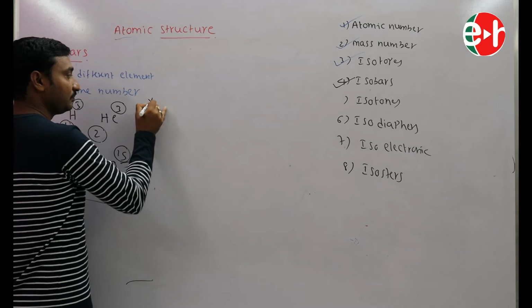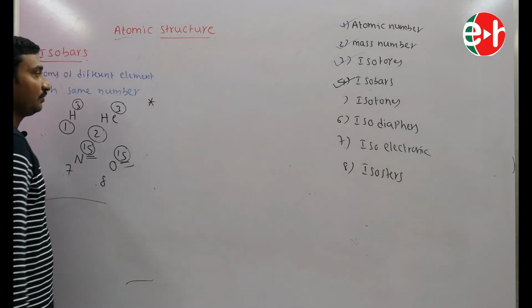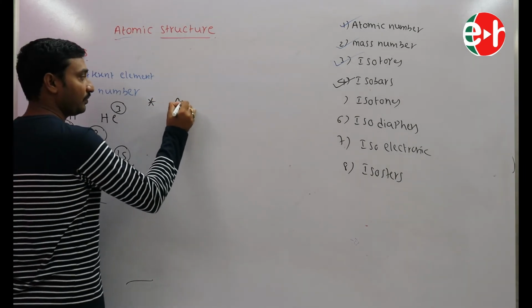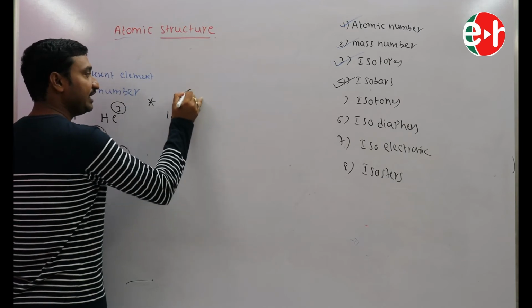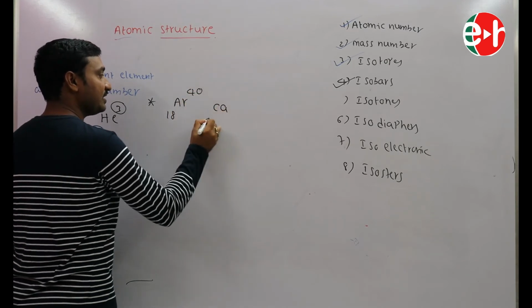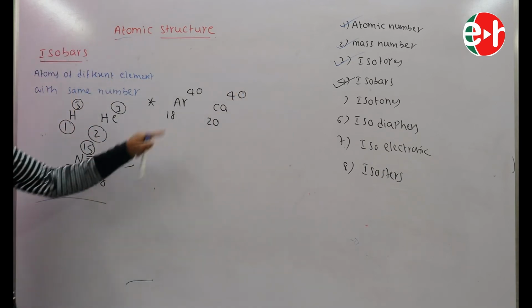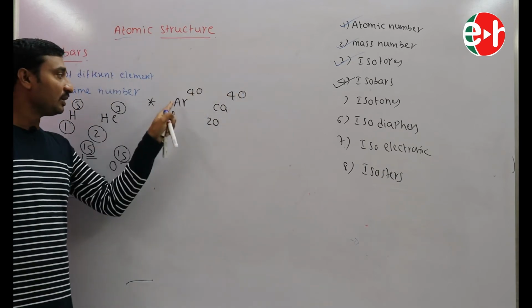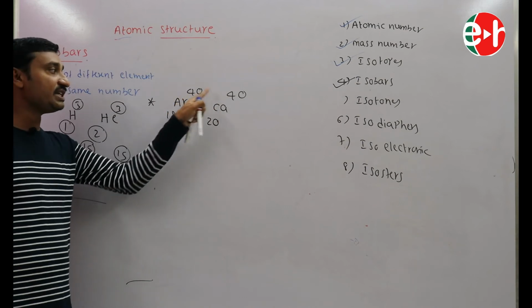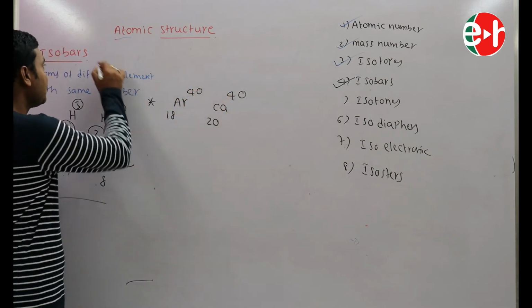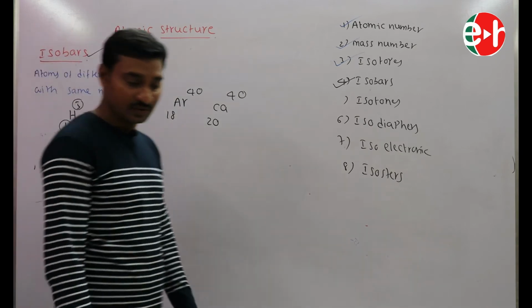Next one, argon 18 to 40, calcium 20 to 40. These are also different elements with same mass number called as isobars.